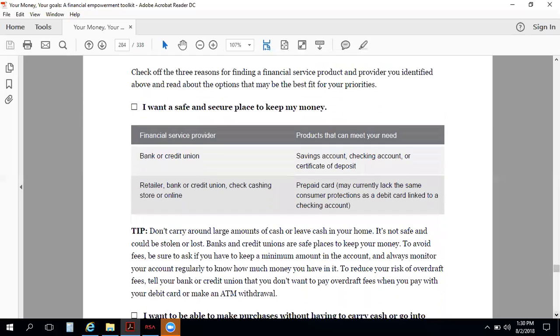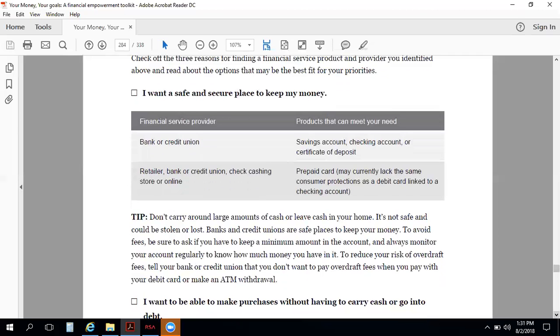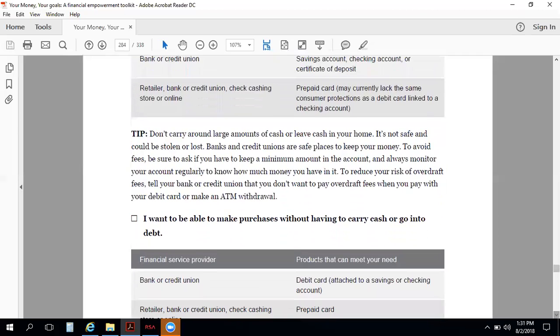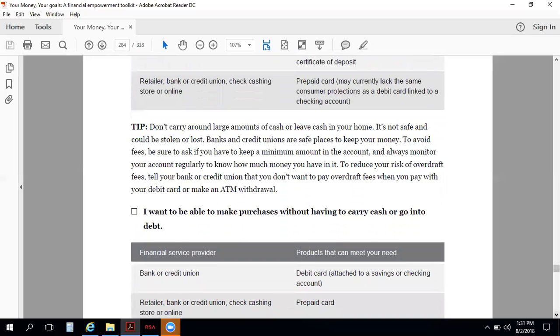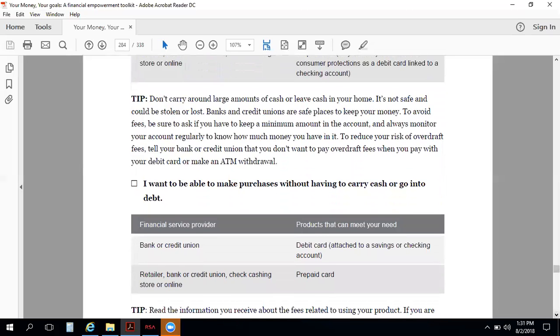Obviously, they can go to a bank or credit union or a check cashing store. I want to be able to make large purchases without having to carry cash or go into debt. Again, options are bank or credit union or check cashing store online.